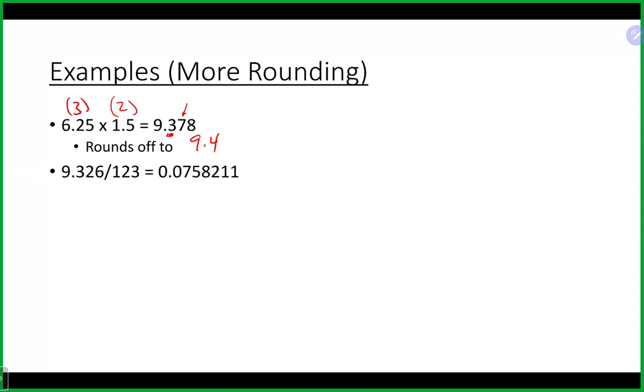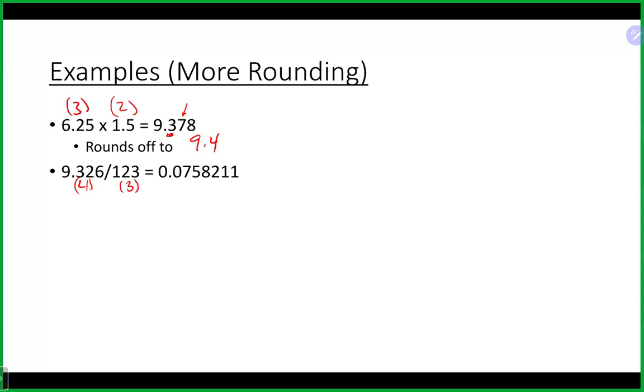Here we're dividing, so once again we're looking at significant figures. Our first number has 4 significant figures, the other has 3. It is always the smallest or the least when you're doing this. So we're going to go 3. Which number would be my third significant figure when I look at that answer?